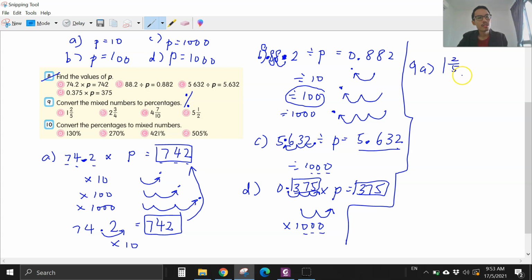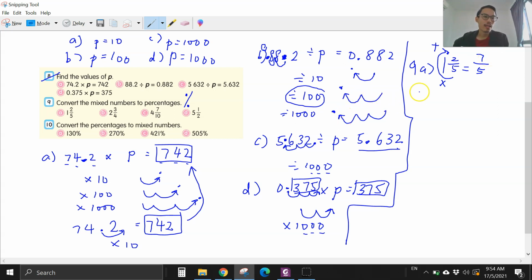First thing, you can change this to improper fraction first. Okay, tukar kepada pecahan tak wajar dulu. You times, darab, and then you plus. So 5 times 1 is 5, plus 2 is 7. So tukar kepada pecahan tak wajar ialah 7/5.